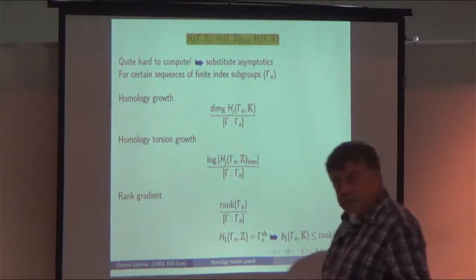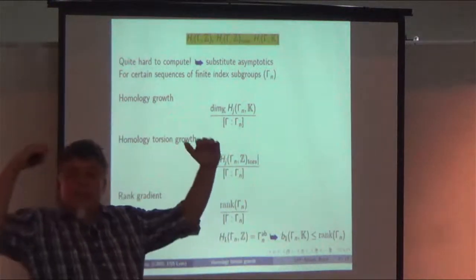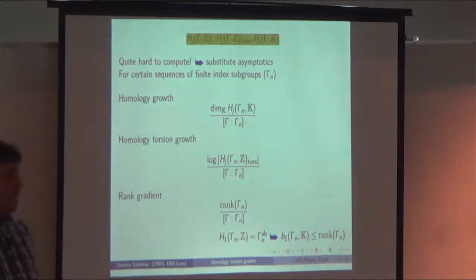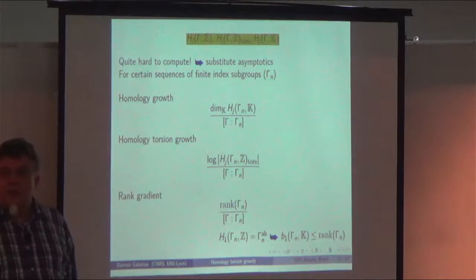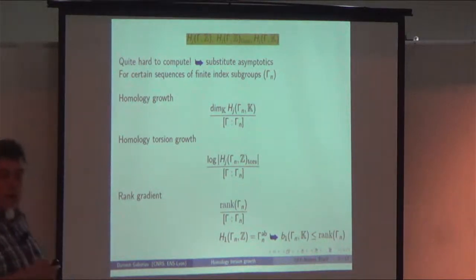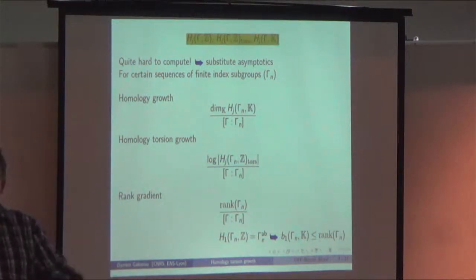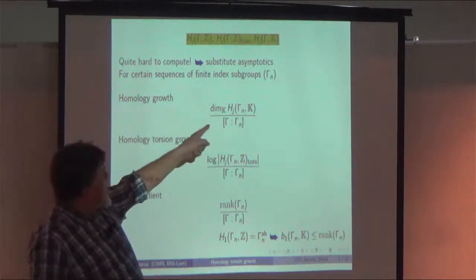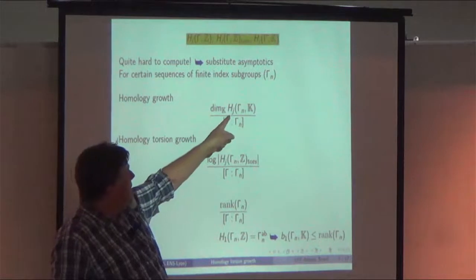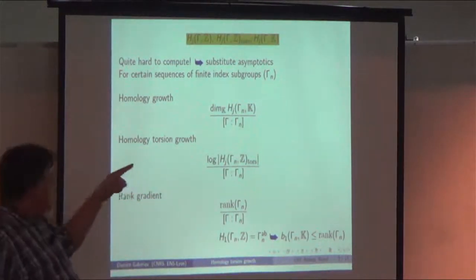I will come back to that, which means that you consider finite covers of your initial space. And if you think of the Schreier formula, you immediately see that the right way to normalize is by the index, the Euler characteristic being multiplicative in the index. This is the right normalization. And so if you have a field, you consider the dimension of the homology in degree q for the field K, divided by the index.